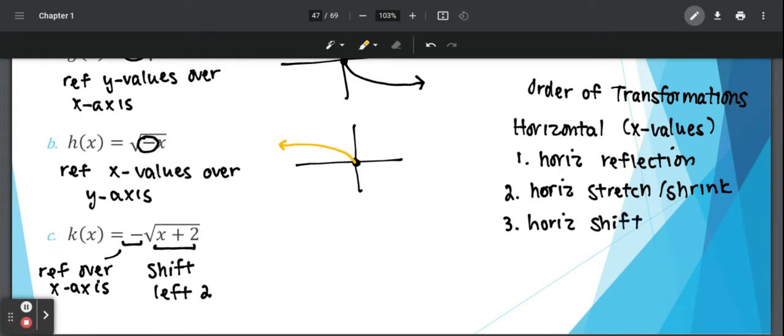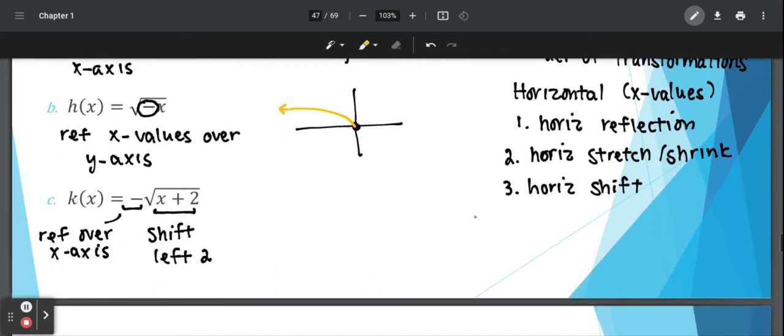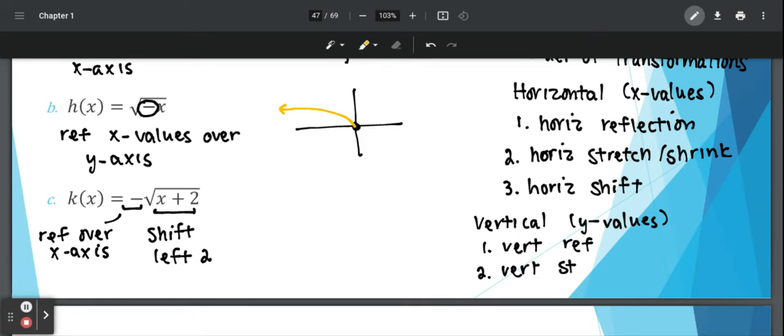Once you've done all three of those, then you move to your vertical. And it goes in the same order that your horizontal did. So you would have a vertical reflection, then you would have a vertical stretch or shrink, and then you would have a vertical shift.